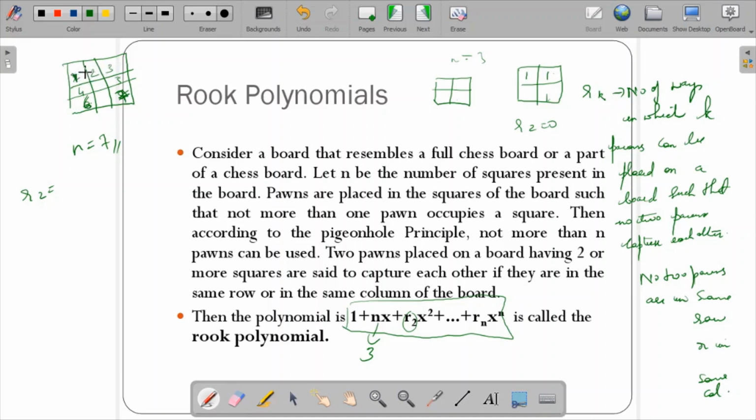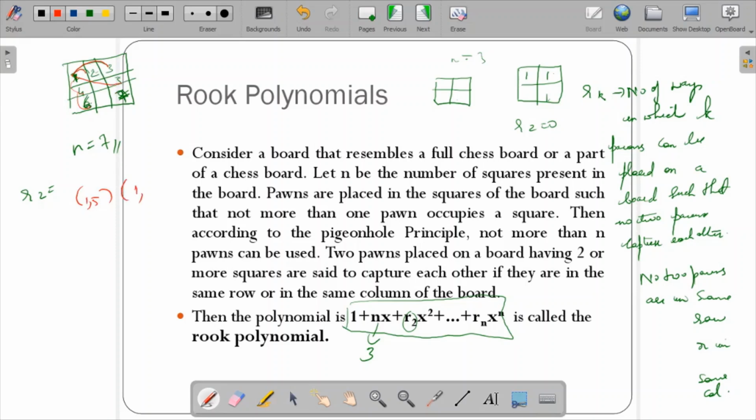So 1 2 you cannot do, 1 3 you cannot do, 1 4 you cannot do, 1 6 you cannot do. But 1 5 is possible, because it is not in the same row or in the same column.